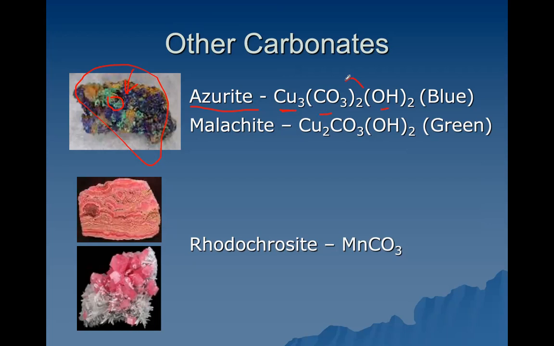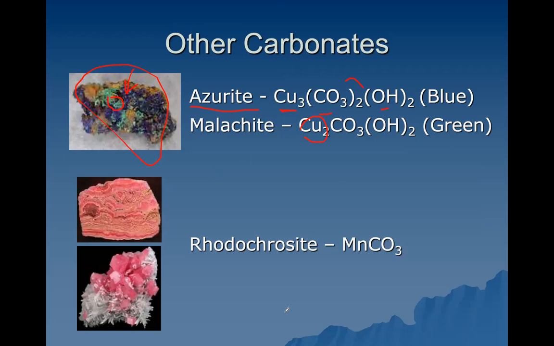You have this hydroxyl group adsorbed. And malachite, this green one is malachite because it purely contains copper, right? Purely copper. The proportion is very different there, right? So cupric and cuprous varieties are there for these two, right?